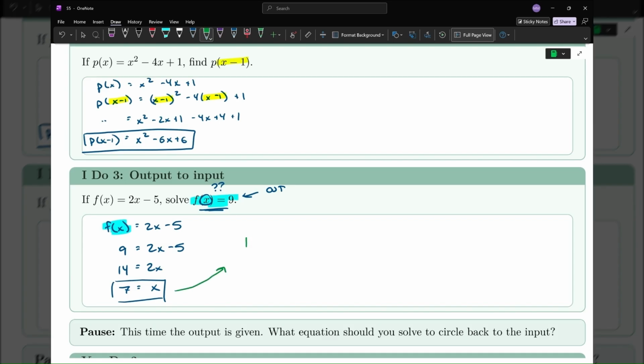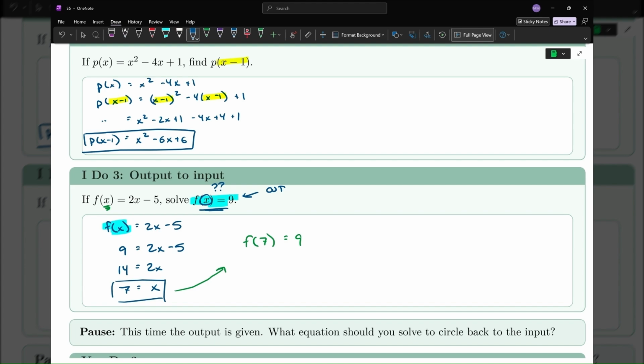But what this is saying is, hey, really f of 7 was 9. So this is a full sentence. It's saying, hey, an input of 7 produced the output of 9. You could check that in the original function, right? Because if you put in 7 here, you're going to get 2 times 7, 14 minus 5 is 9. Done. But again, you don't need to write any of that stuff in green, but that is the context.